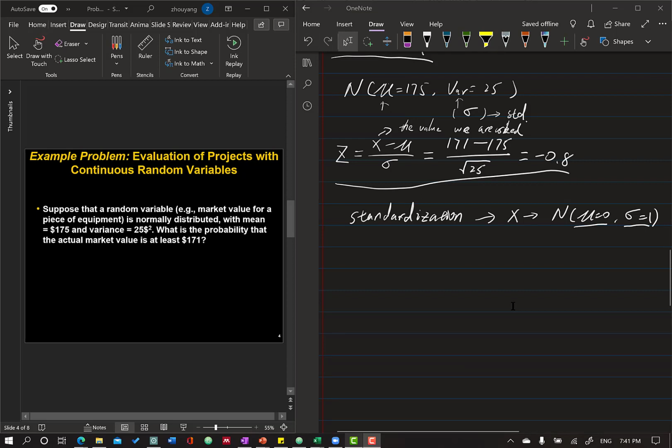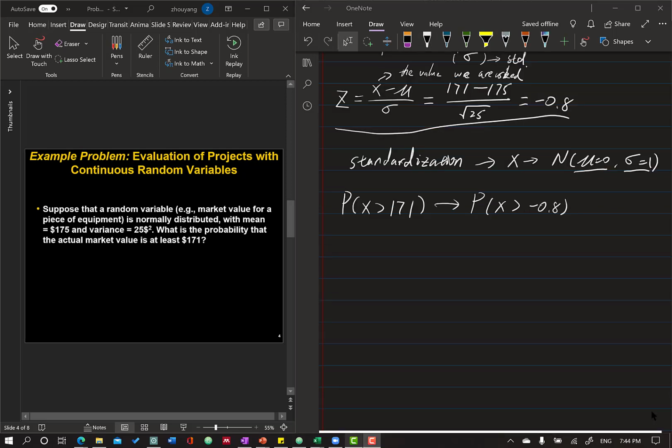After this conversion, where previously we wanted the probability that x is larger than 171, we now equivalently want the probability that x is greater than negative 0.8 in a standard normal distribution with mean 0 and sigma 1.